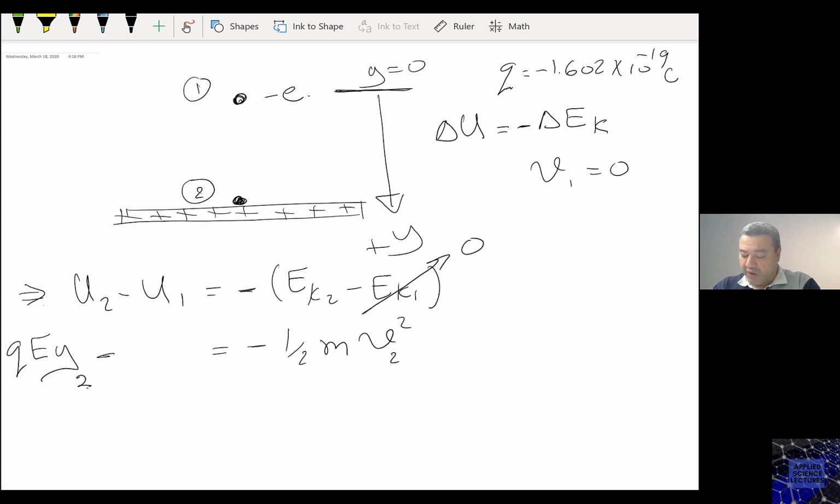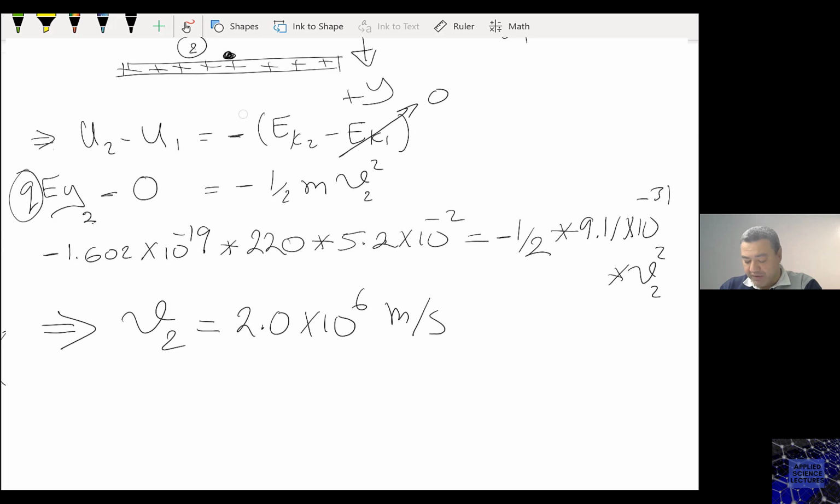However, Y1, because it is at my reference, will be 0. Now, don't forget that this one is negative, then I have 1.602 times 10 to the power minus 19 times 220 times 5.2 times 10 to the power minus 2 equals minus half times 9.11 times 10 to the power minus 31 times V2 squared.